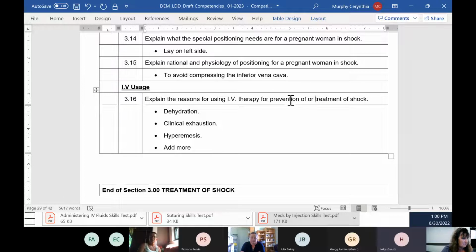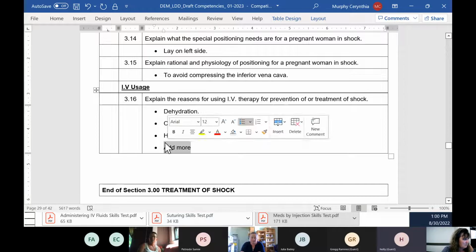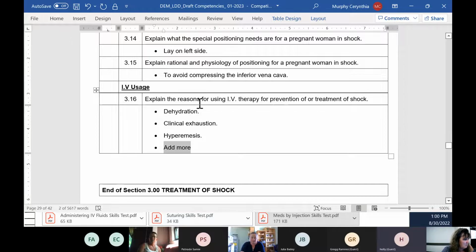And unless we're limiting this to pregnancy, which I don't think we are, the big reason we actually do it is hemorrhage. Yeah. But we also are allowed to use it separately from the treatment of shock to administer GBS prophylaxis. And there are other things too.